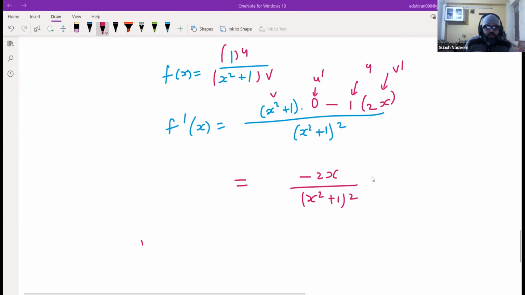Don't take -2, it will unnecessarily make it difficult.